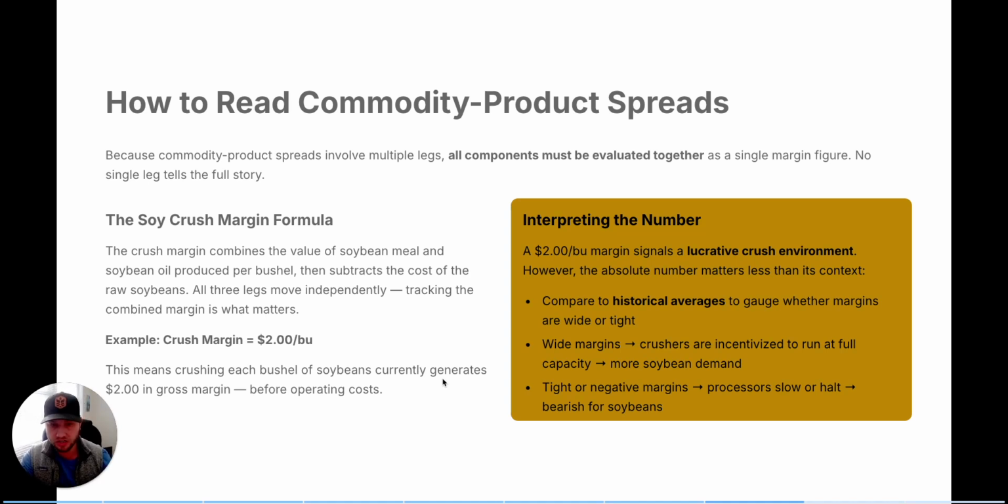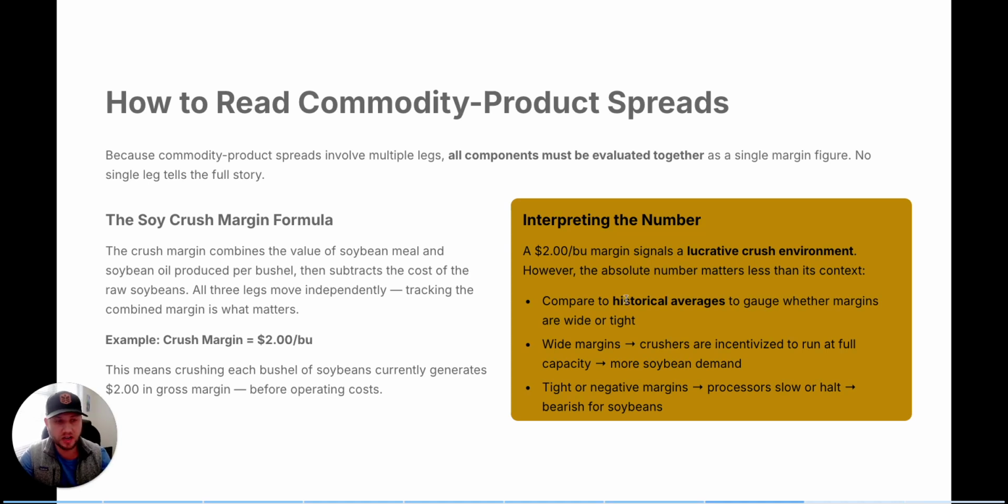So if we look at a crush margin and say it's $2 per bushel, this means that each bushel of soybeans is currently generating $2 in gross margin before costs. These are all found easily online, and they're always discussed online, how crush margins are doing and how healthy they are based on the demand for the outputs, which are the meal and the oil.